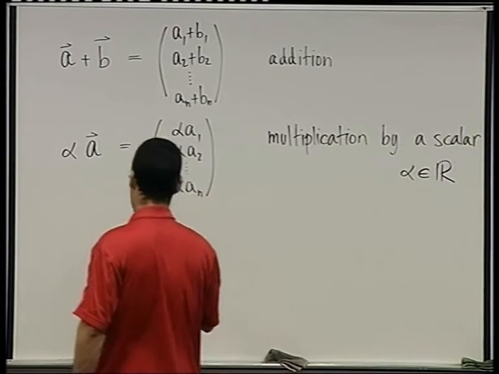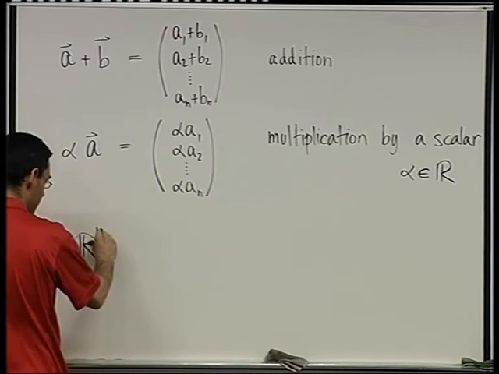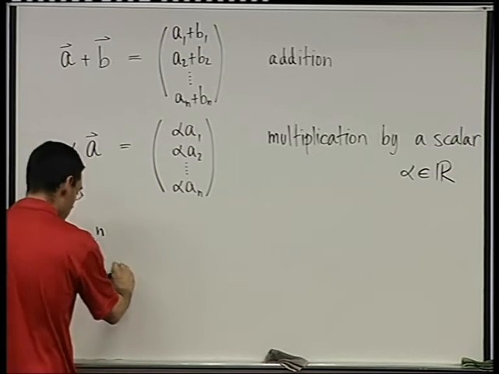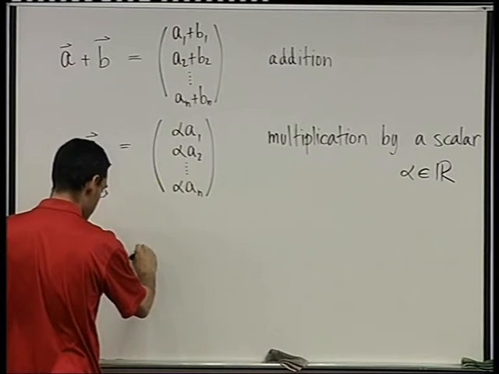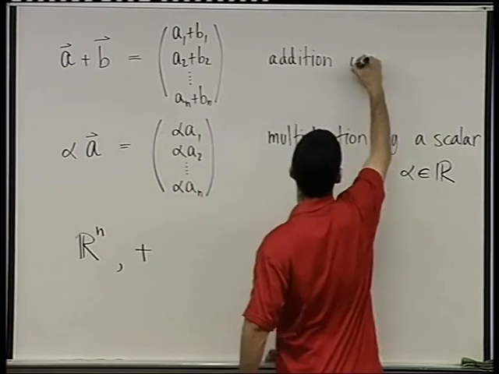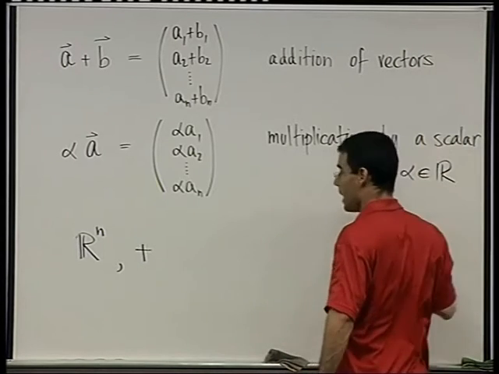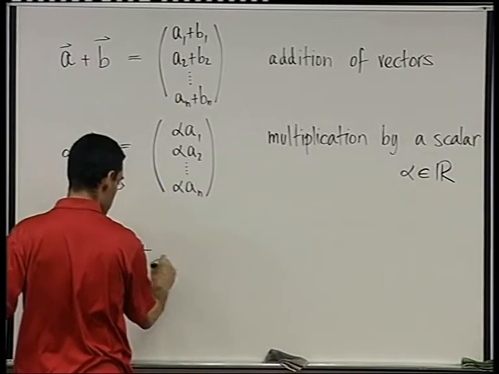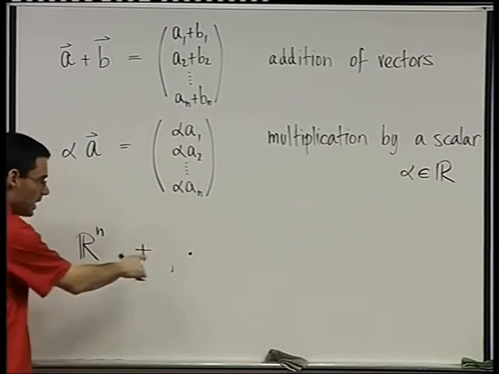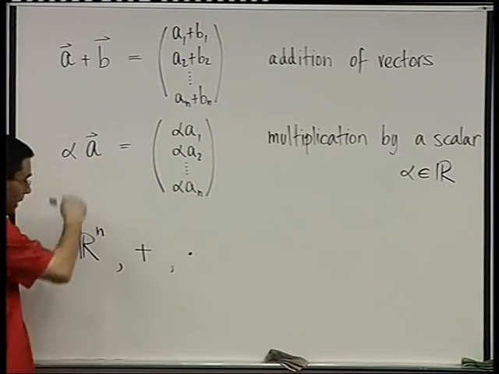So we have here a space Rn. It's just a set of elements. And we have two operations on it. One is this plus, addition of vectors. And there's the other operation, which we denote by maybe a dot, but actually we often don't write the dot. We just eliminate it.